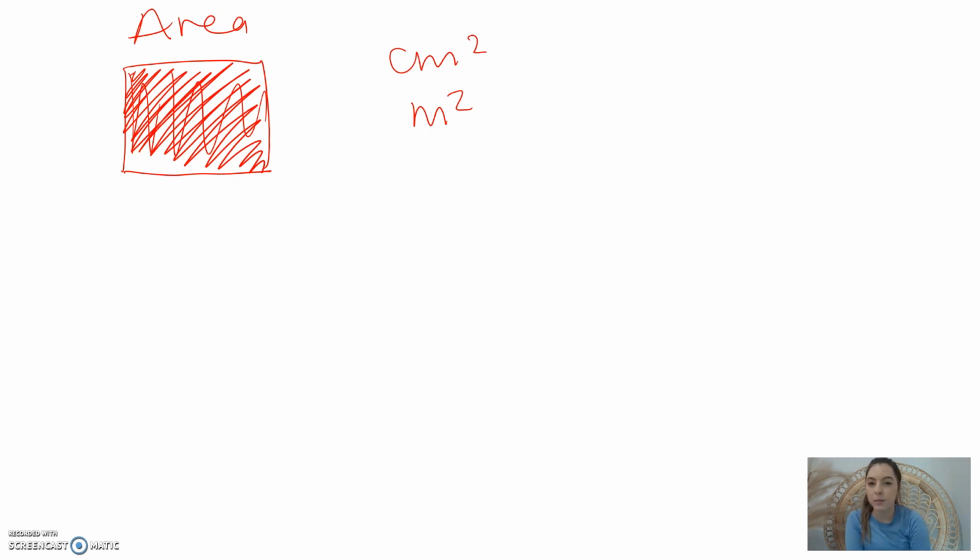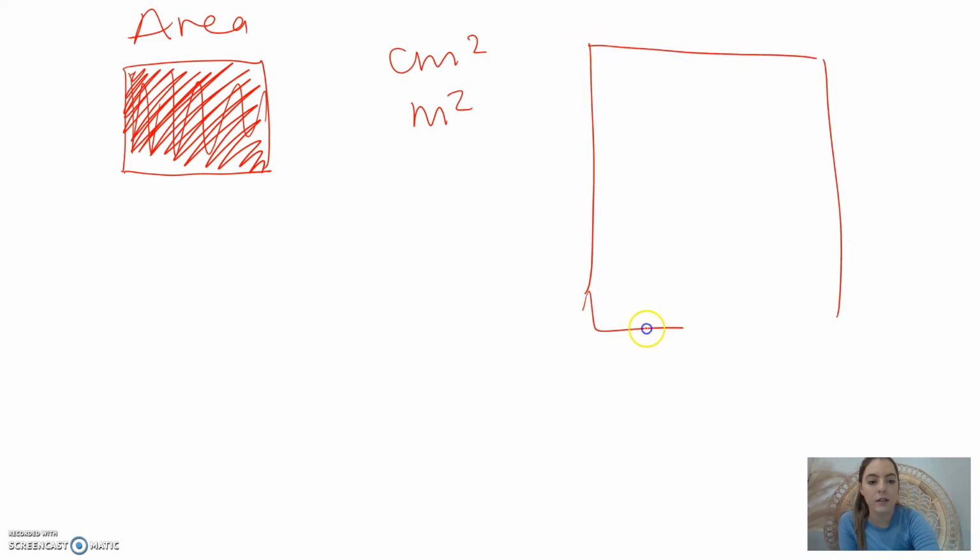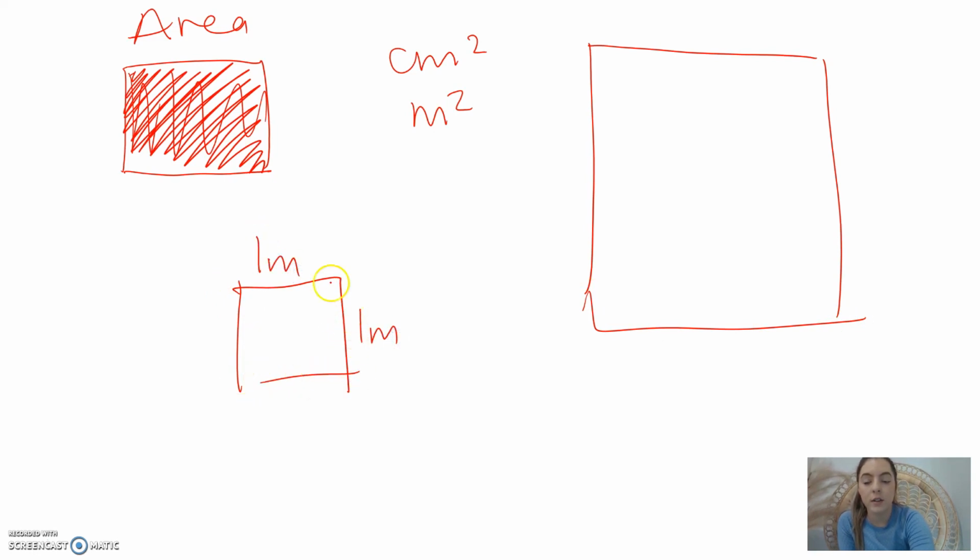And that's going to make a little bit more sense as we look at particularly the formula for a square. But if we think about it in this way, here is our space. We know that a square that has 1 metre sides is 1 metre squared.